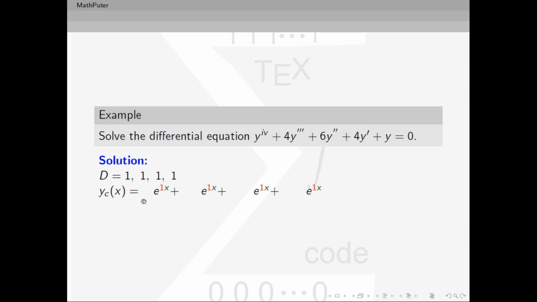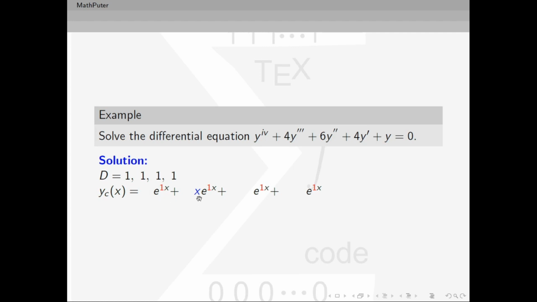All these functions are equal, but all the functions must be linearly independent. So equal functions are not working. So let us make these two functions unequal by multiplying by x. So now these two functions are different.